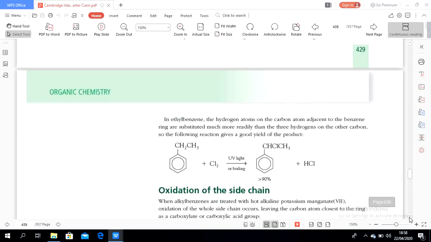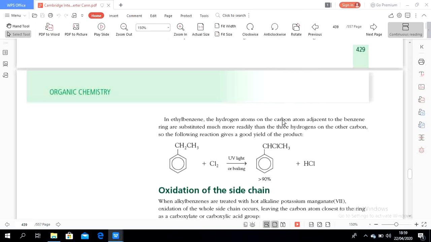In ethylbenzene, the hydrogen atoms on the carbon atom adjacent to the benzene ring are substituted much more readily than the 3 hydrogens on the other carbon. So the following reaction gives a good yield of the product. Why is the Cl not located over here, but the Cl is located over here?